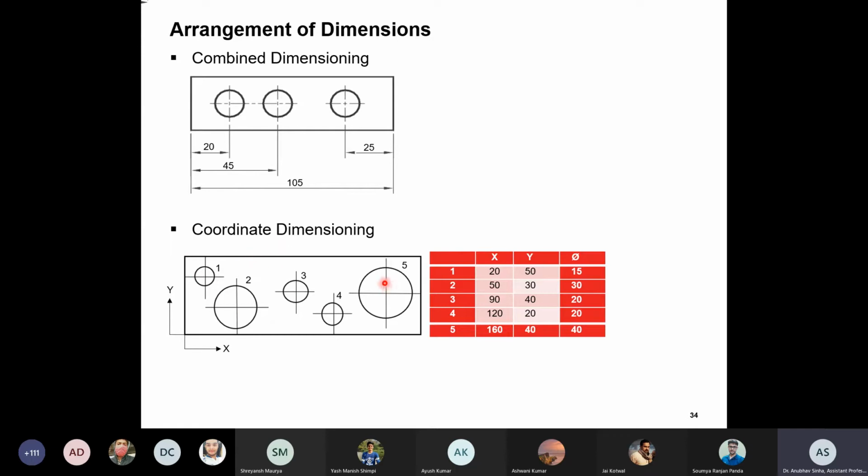For example, I have 5 holes here, numbered 1, 2, 3, 4, 5, with 5 centers as origins. I write the x and y coordinates of each center, and the diameter. This can be used when you have multiple holes, like in a perforated sheet.